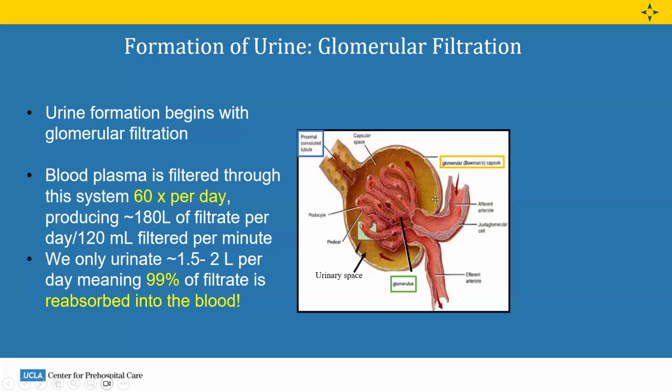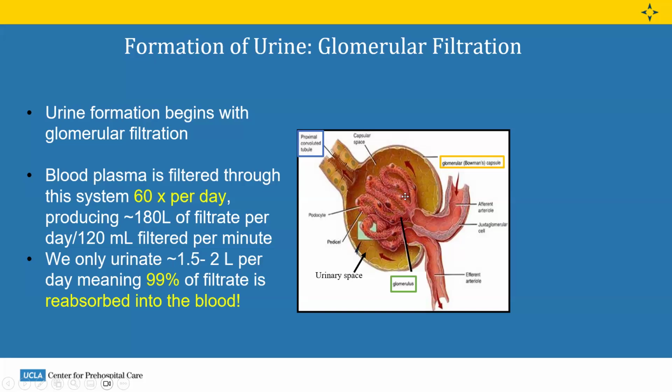If you are like me, for a long time you thought that urine is filtered from the digestive system or something like that. It's actually not. I thought that for a long time, but essentially our kidneys are producing urine by filtering our blood.